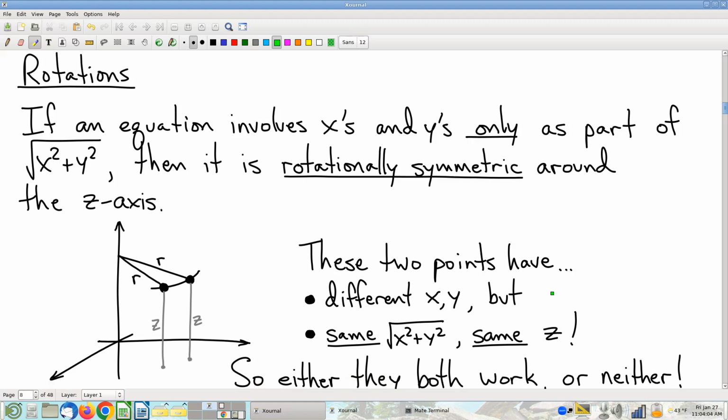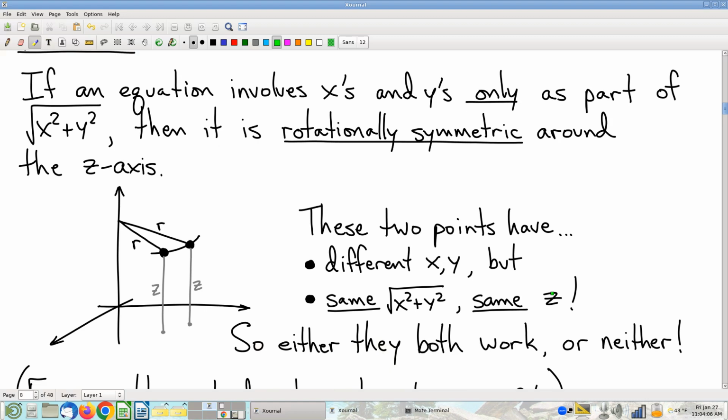So anyway, I just want to end with a real quick observation about rotational symmetry. If you have some equation, a rectangular equation, and x and y appear only as a part of this very specific construction, square root of x squared plus y squared, if you can write your equation where x and y don't appear anywhere other than as part of that specific form, and by the way, that's pretty easy to notice at a glance.